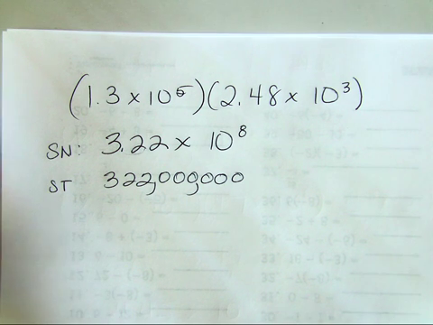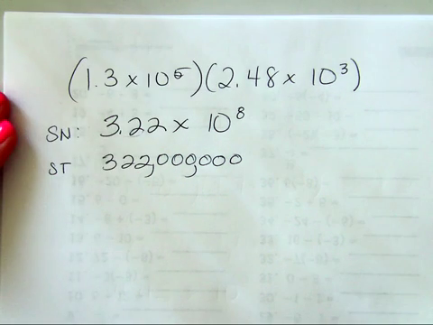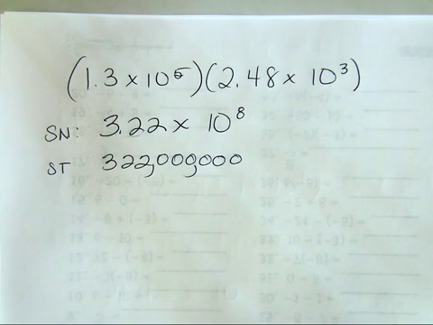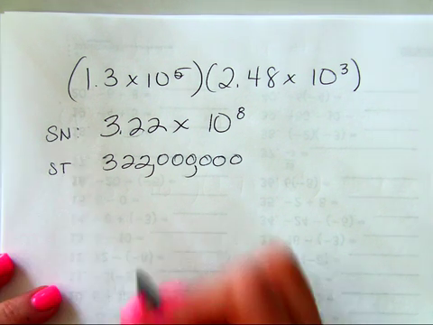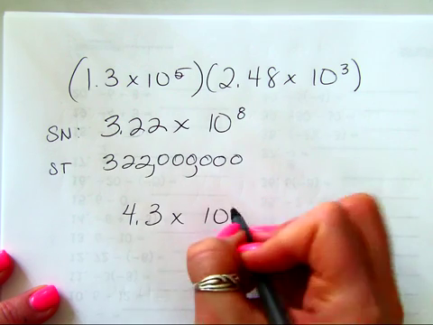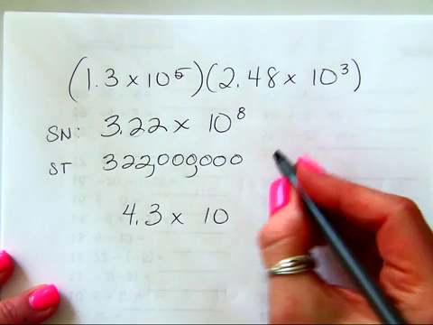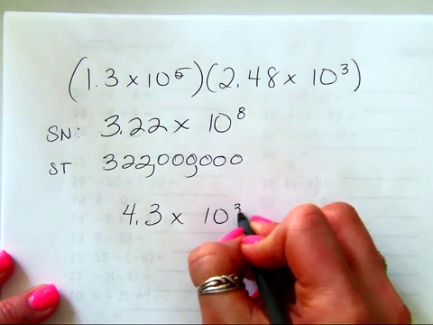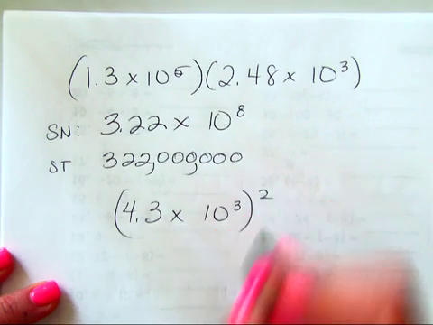Okay? All right. Now, for those people who really did well on their exponent test, let's take 4.3 times 10 to the third and square it.